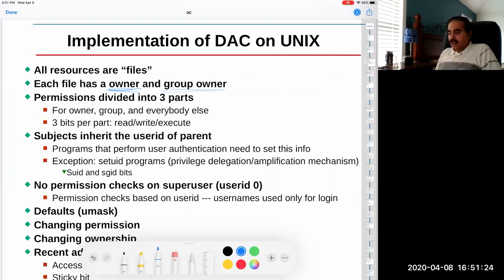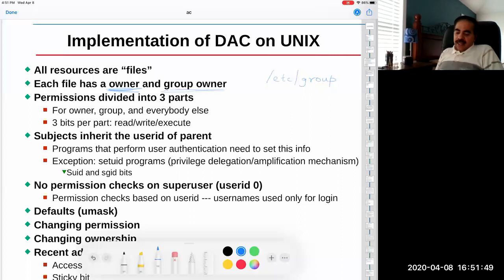On Unix, there is this file called /etc/group, which defines all the groups that are available on the system. And each group is nothing but a name followed by the list of users in that group.